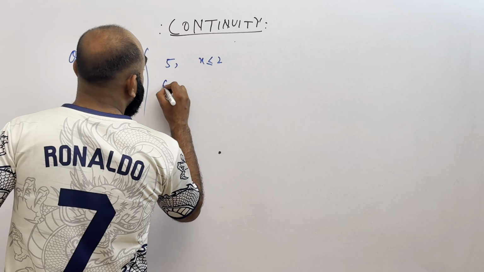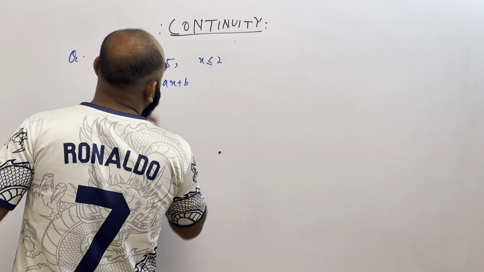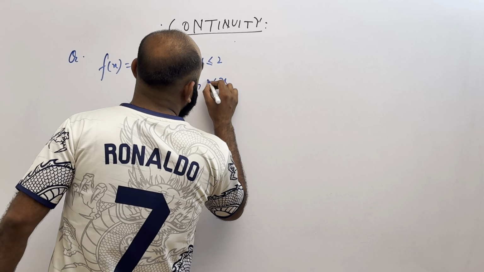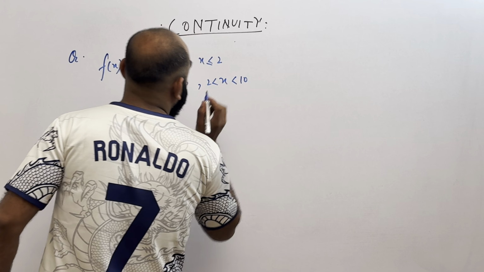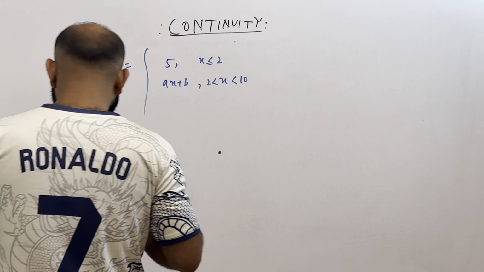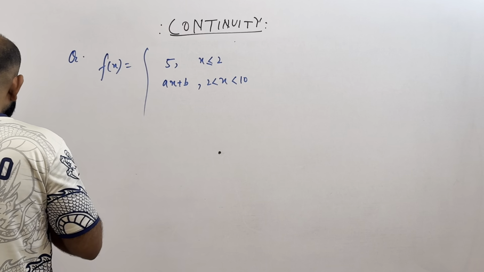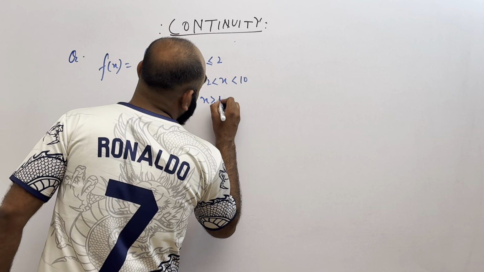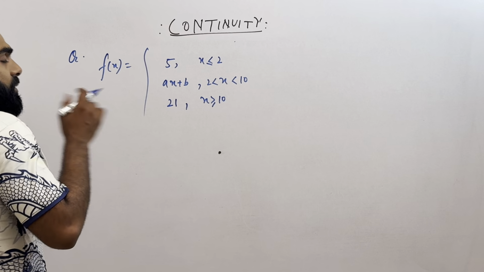F of x is equal to ax plus b when x is greater than 2 but less than 10. And the function value f of x is equal to 21 when x is greater than or equal to 10. Like this they have given.